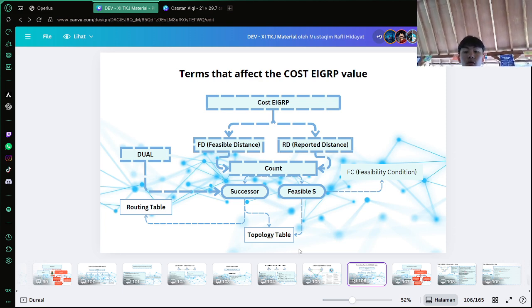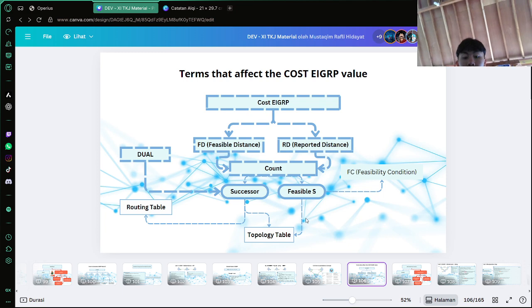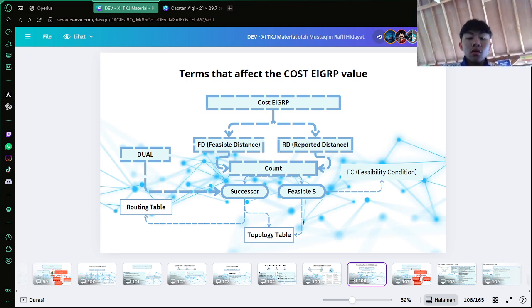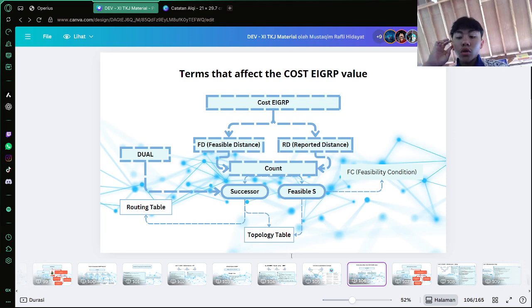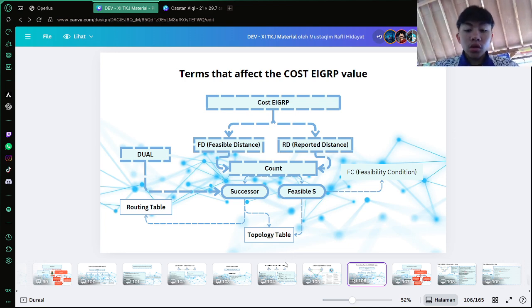Core cost calculation elements. Primary components: there is FD and RD, feasible distance and reported distance. Feasible distance is the total cost from source to destination, and reported distance is the cost reported by the neighboring router.